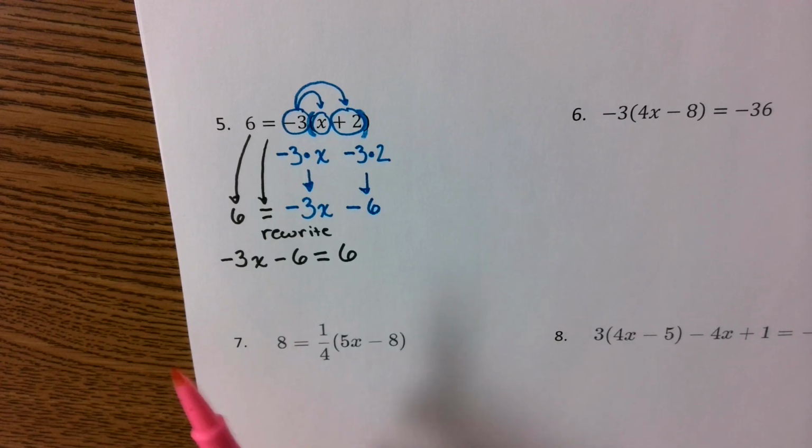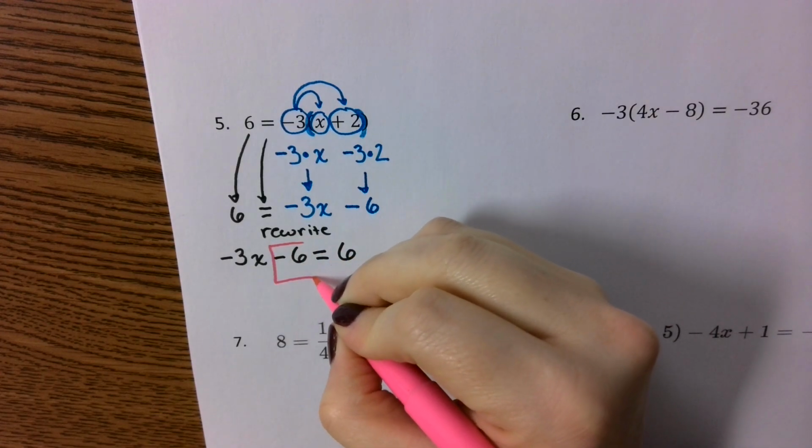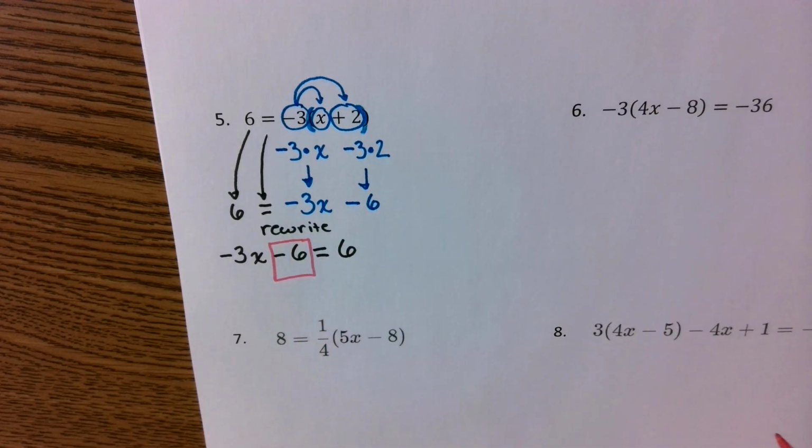Okay, so let's identify the constant. Negative 6. We have a minus 6. Minus 6 is our constant. We identify and we use either addition or subtraction to move it.